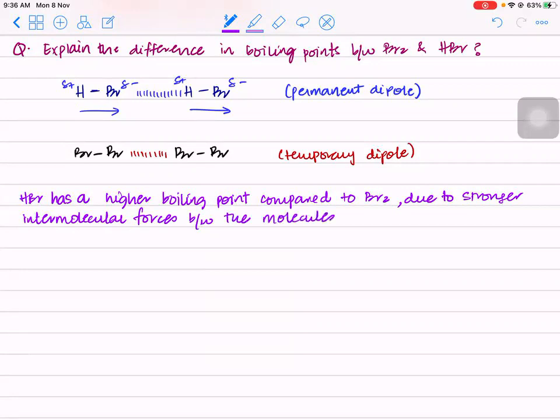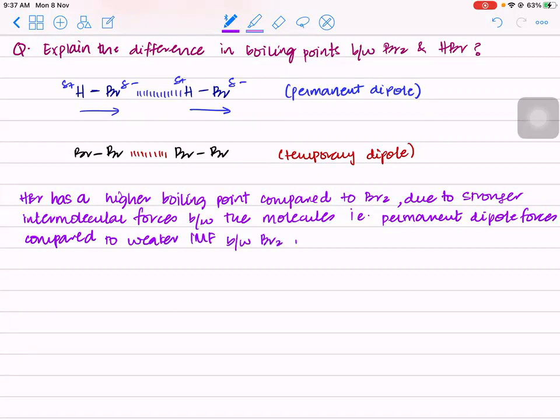And what are the intermolecular forces between HBr molecules? Which type of forces do we have? Permanent dipole forces. So that is permanent dipole forces compared to weaker intermolecular forces between bromine molecules.